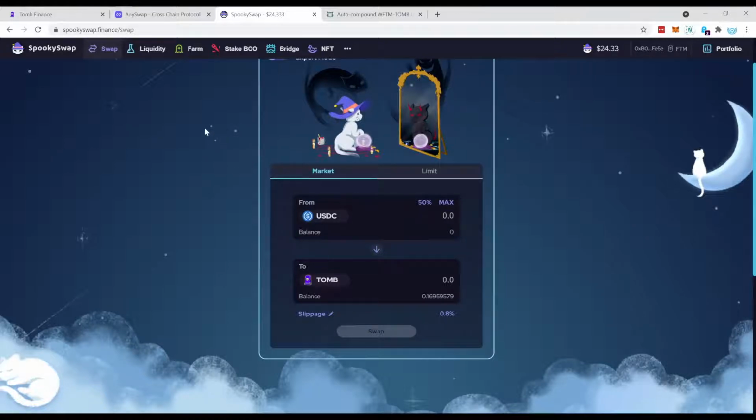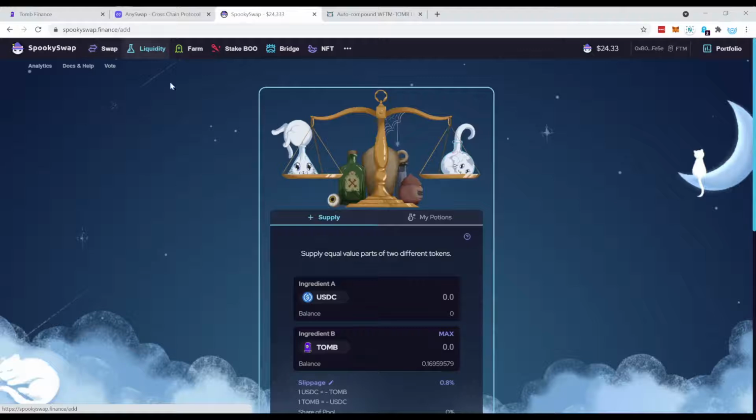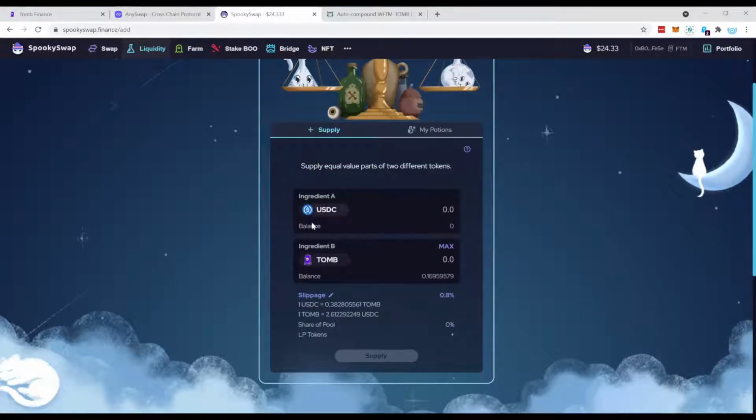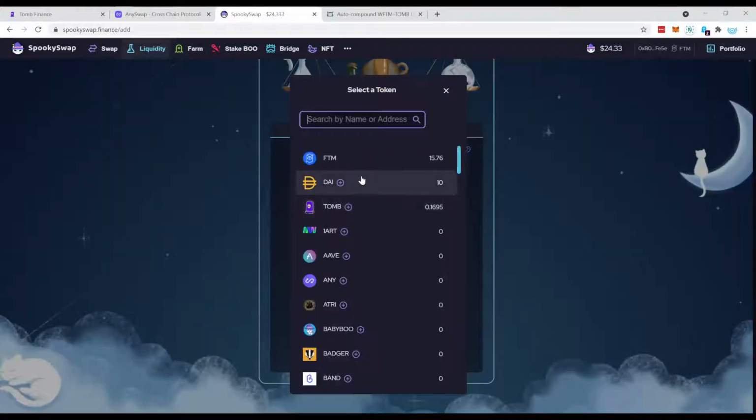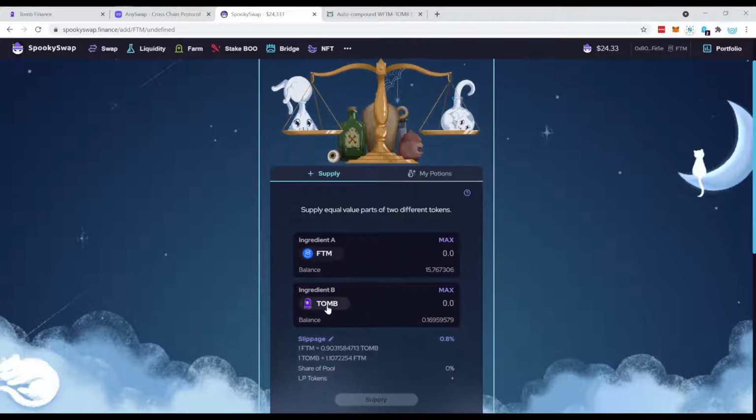Okay, so after you swapped to TOMB, you come over here to liquidity. And what you want to do now is to provide liquidity for one TOMB pair. You can choose whatever pair you want, or let's say whatever is available. I did FTM-TOMB.